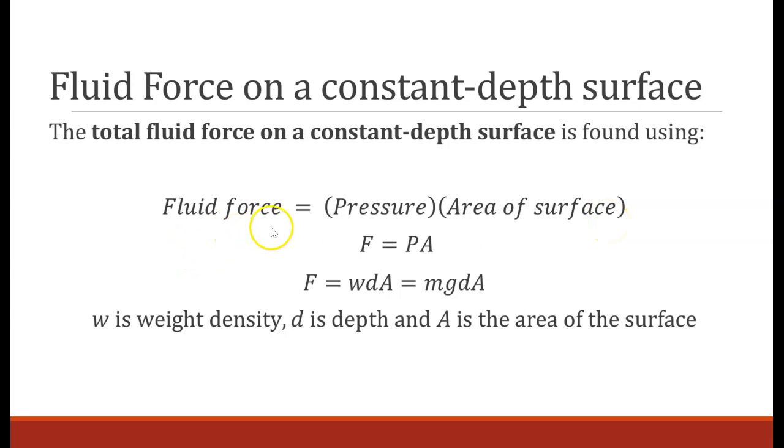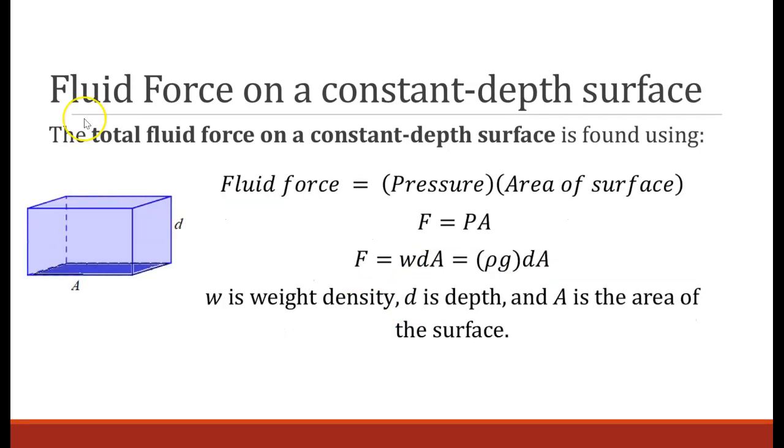So the force exerted is equal to the pressure times the area of the surface that pressure is being applied to. So we have F is equal to P times A. Well, we just said that pressure was equal to the weight density times the depth. So fluid force is the weight density times the depth times the area of the surface. Or in metric, weight density is still.